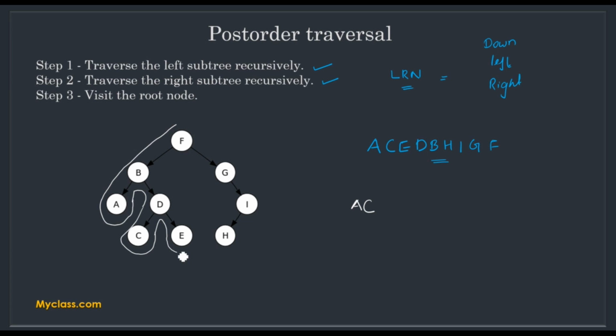Now we are visiting E, now D, now B. Now G is left, now down to G, I is left, H is now left, down, now right.